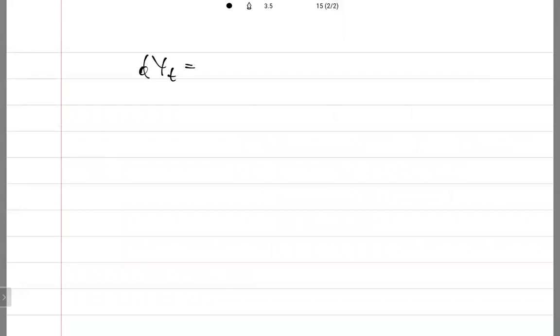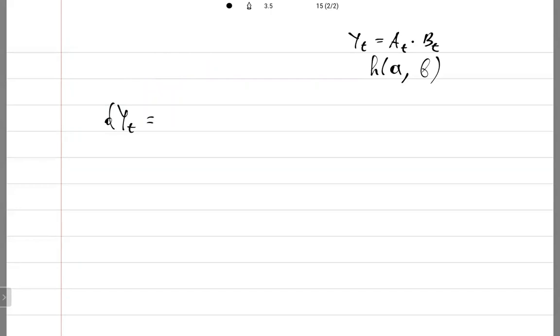We have y(t), which is a function of a(t) and b(t), so our function is a function of two processes. And first, let's write Ito's lemma.